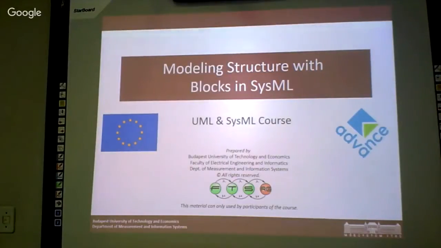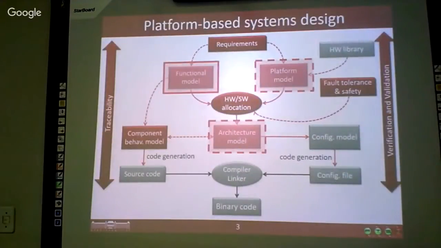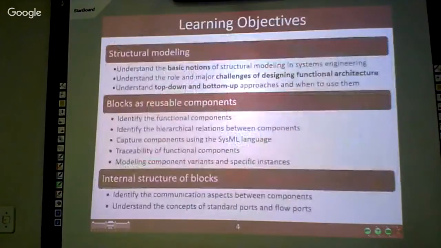Okay, great. So we will continue with SysML and block structure in SysML, and I will start with some general introductions. So if you remember our platform-based system design approach, this structural modeling covers the functional modeling part, the platform model, and also the architecture modeling part in this platform-based system design.